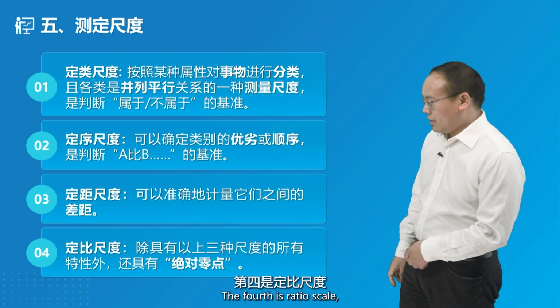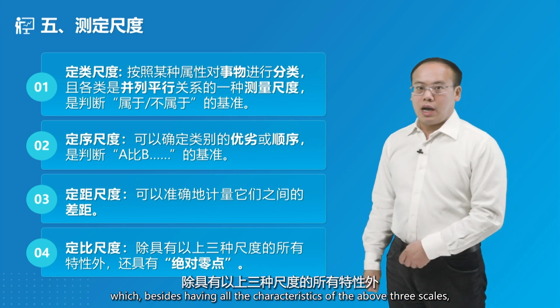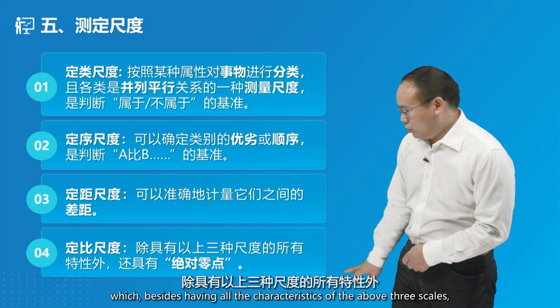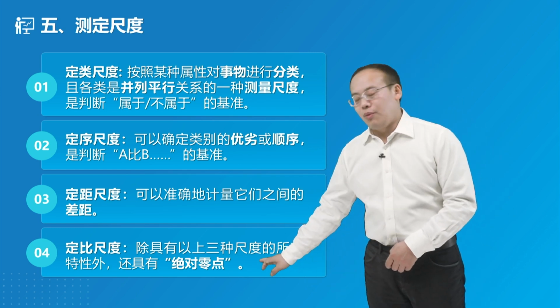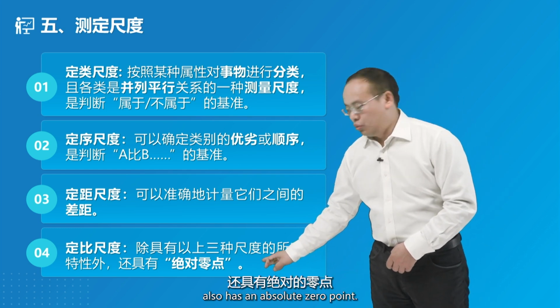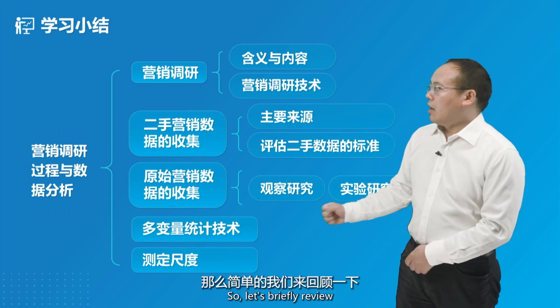The fourth is ratio scale, which, besides having all the characteristics of the above 3 scales, also has an absolute 0 point. These 4 methods.